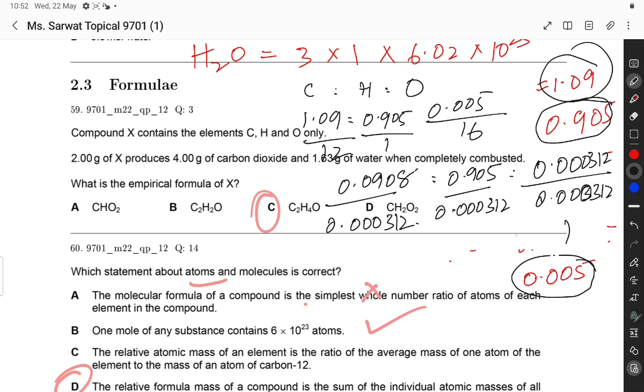This is equal to 1. This is 0.905 divided by 0.00312.